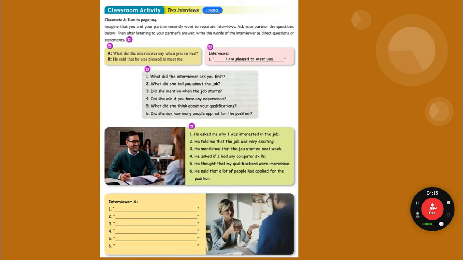She thought that my qualifications were suitable. Suitable means okay. So you're going to write, your qualifications are suitable. It's 6. Did she say how many people applied for the position? She said that not many people had applied for the position. So you're going to write, not many people have applied for the position.